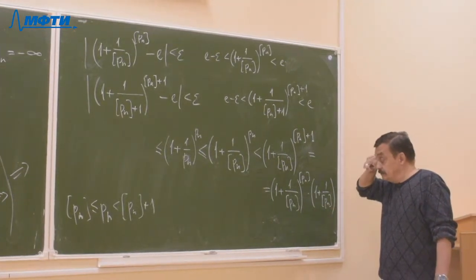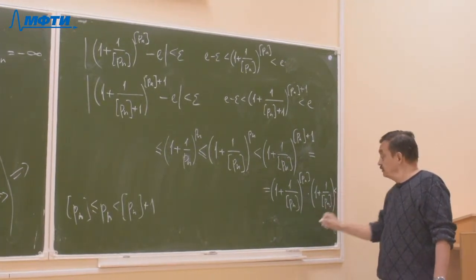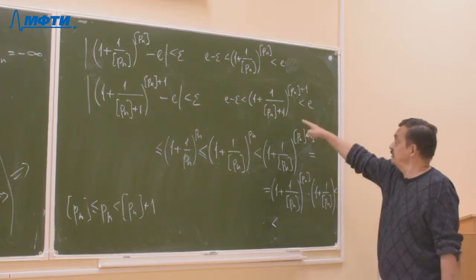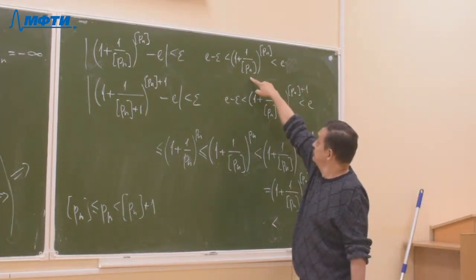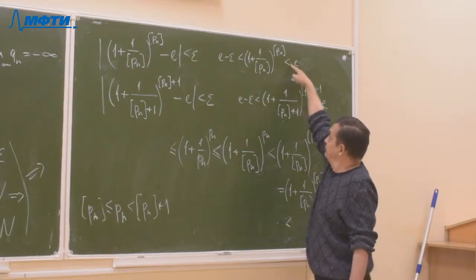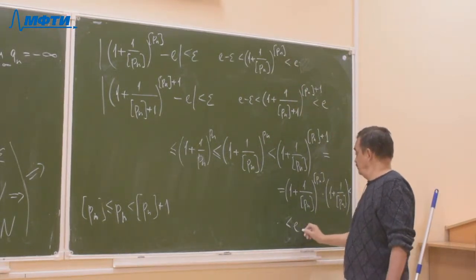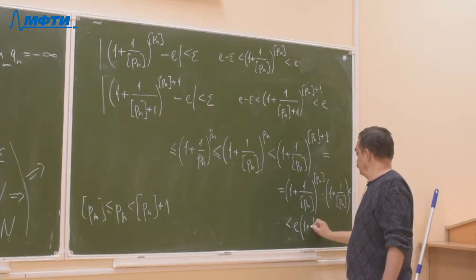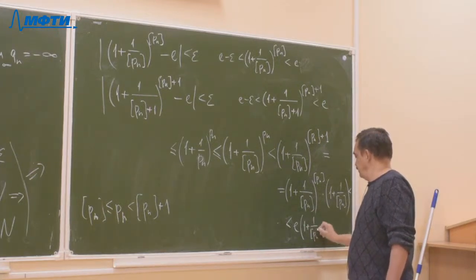Here, I may continue the estimate by this one, 1 plus 1 over integer part of Pn to the power integer part of Pn is less than e, times 1 plus 1 over integer part of Pn.